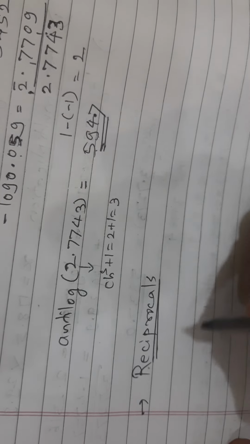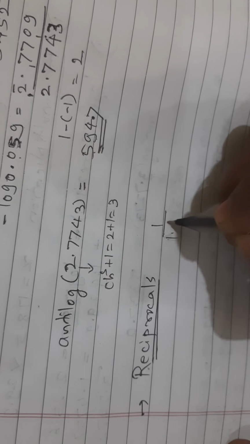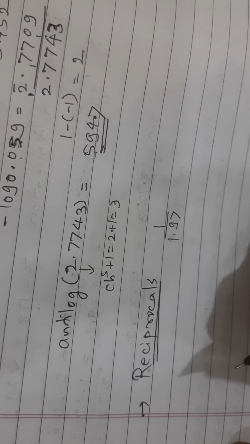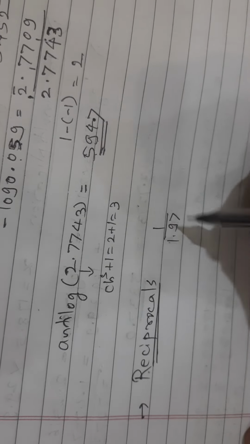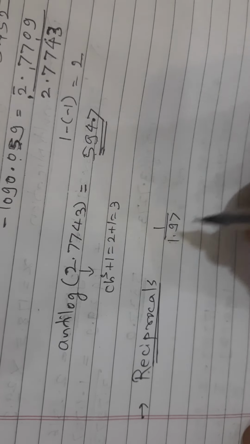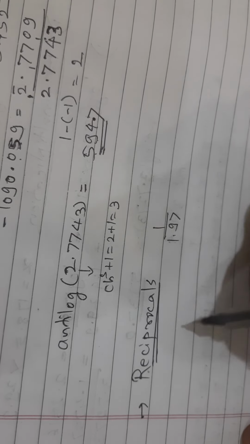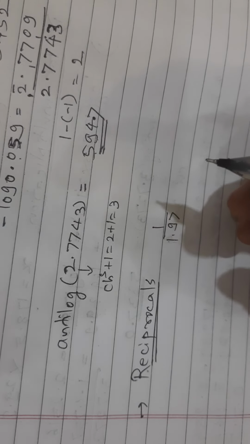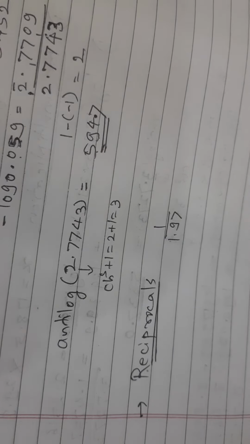Suppose the number given is 1 upon 1.97. You can find this reciprocal in two ways: according to the rules, log of m upon n is log m minus log n, or directly in the log table. In the log table, reciprocal tables are given.